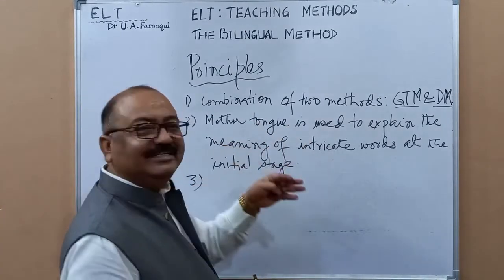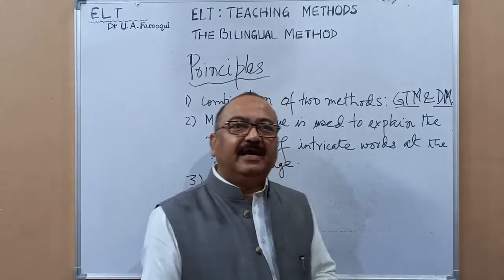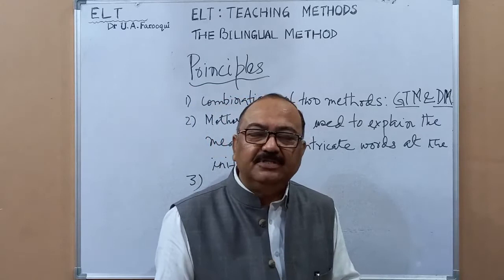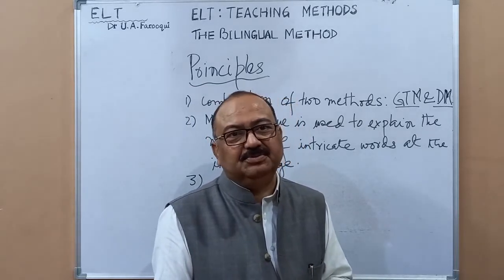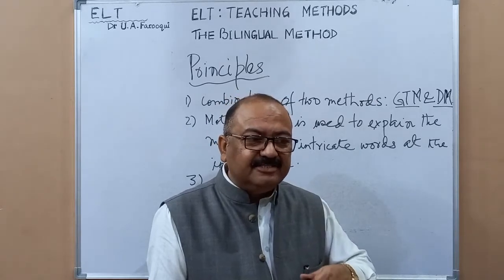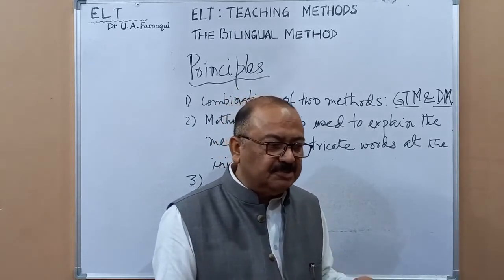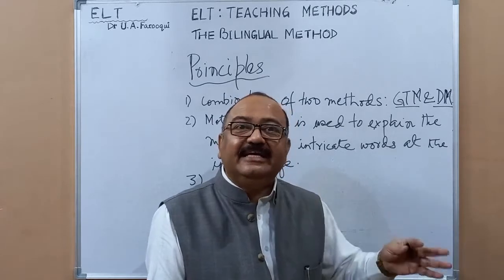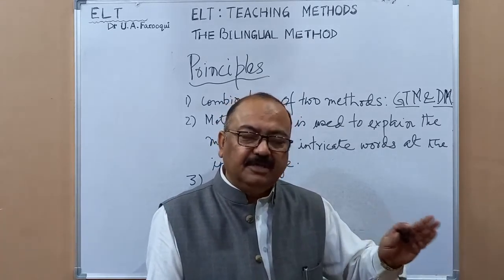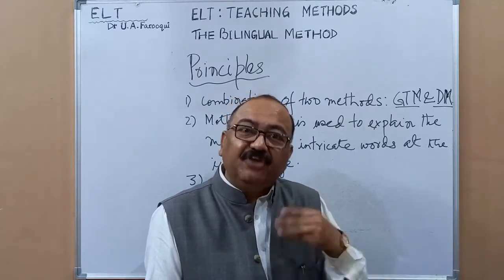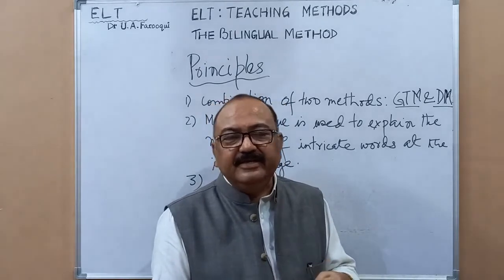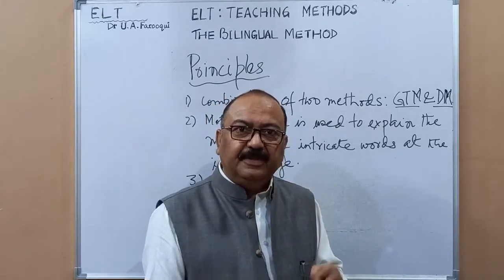Then the bilingual method advocates the use of L1 in learning the L2. This point is important in the sense that DM, the direct method, keeps the target language's mother tongue away, but the bilingual method advocates the use of L1 in learning the L2.